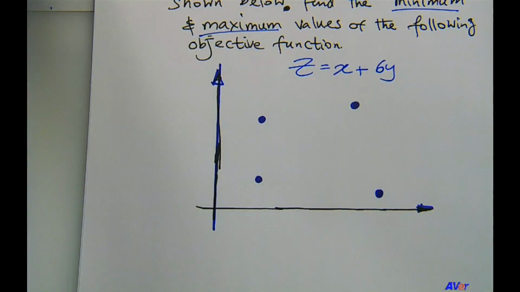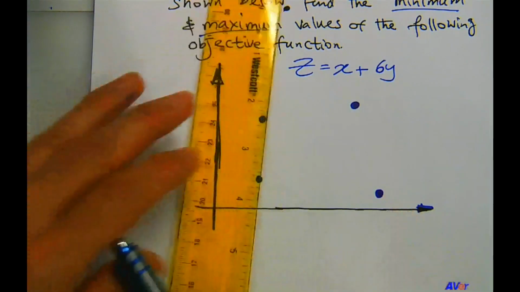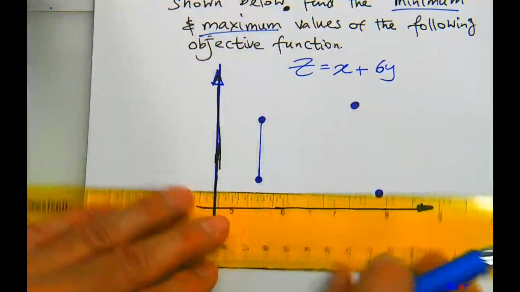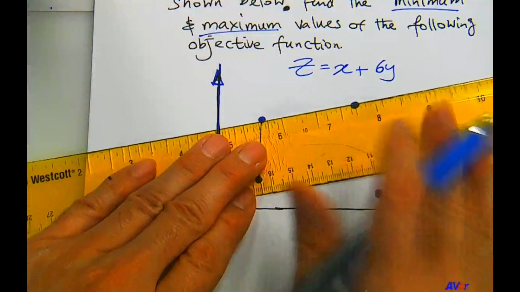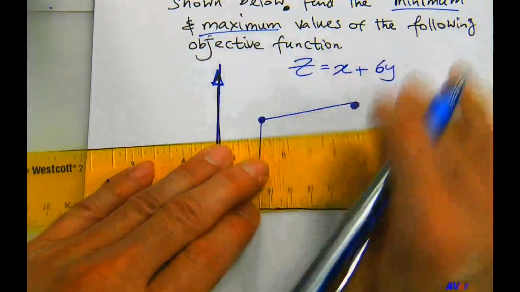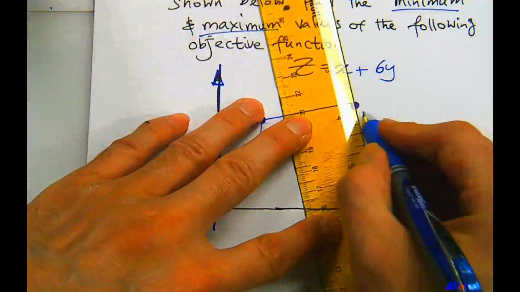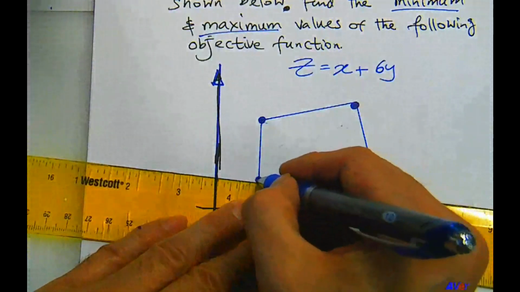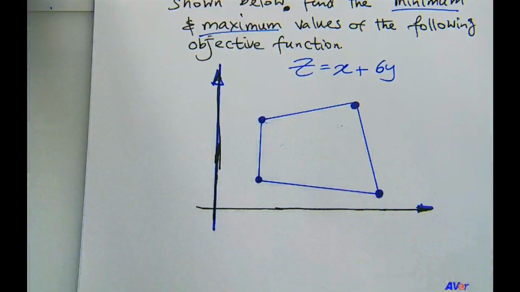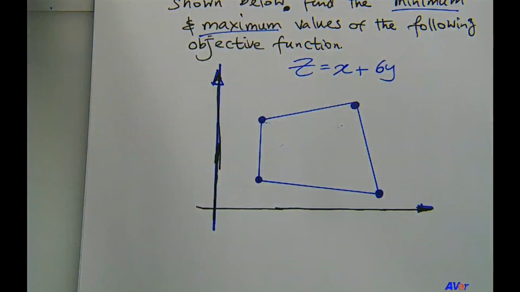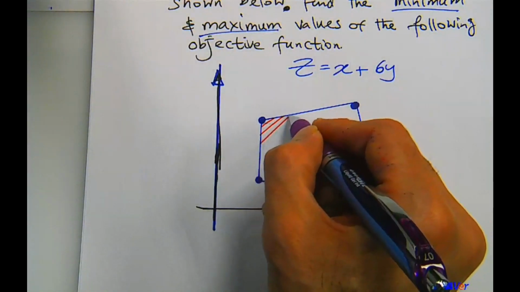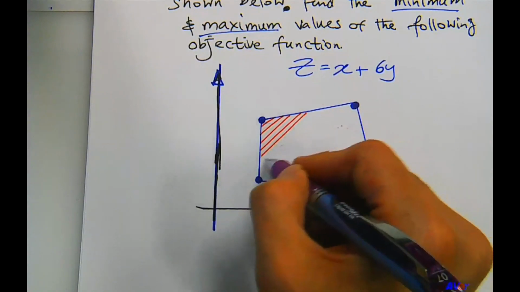Okay, let's connect these points together. So once again, we are not given the constraint inequalities, but we are given the solution region. So a lot of the work has been done for us.